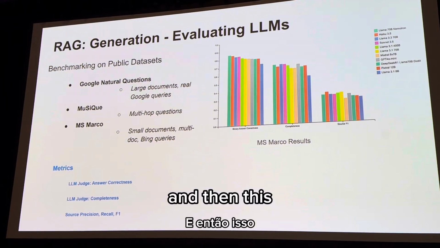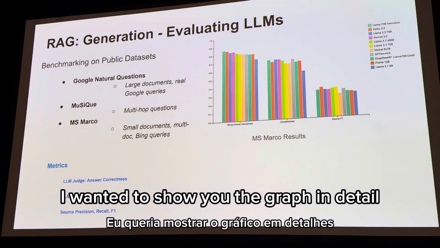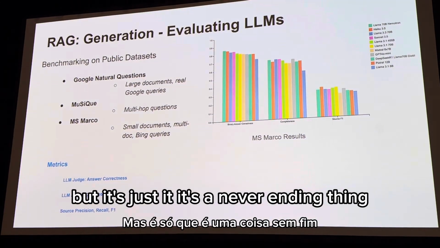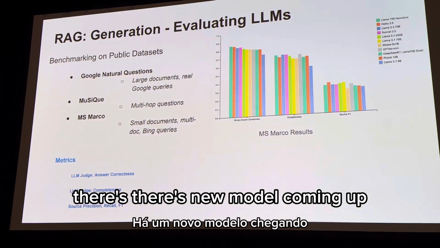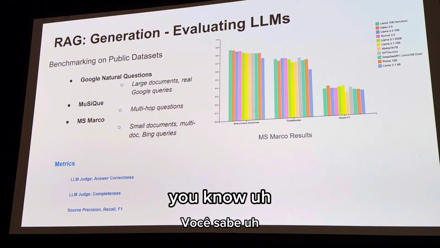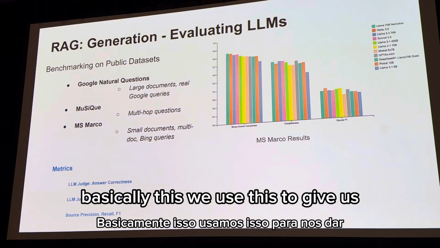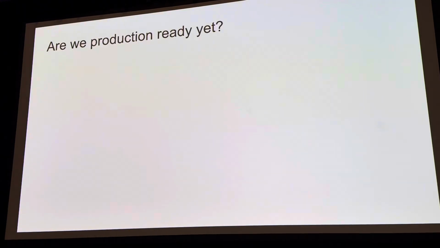I first wanted to show you the graph in detail, but it's a never-ending thing. Every day there's a new model coming up and we're continuously evaluating. Basically, we use this to give us the best options possible to offer with our product.